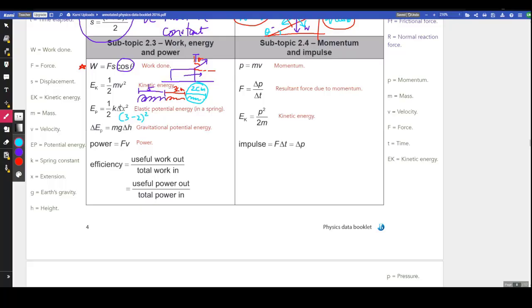You don't do this, and I feel this delta x is a little bit misleading. So just make sure you're aware of that. The actual way you should do it is to simply calculate the energy you need to go from equilibrium to 3 cm, using half kx squared, and then again calculate from equilibrium to whatever you want.